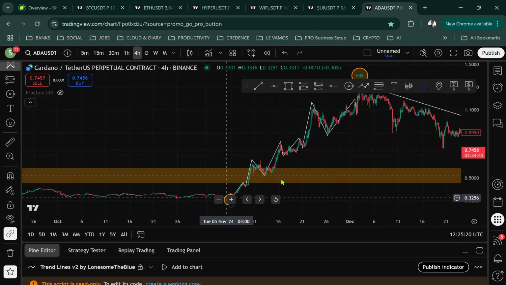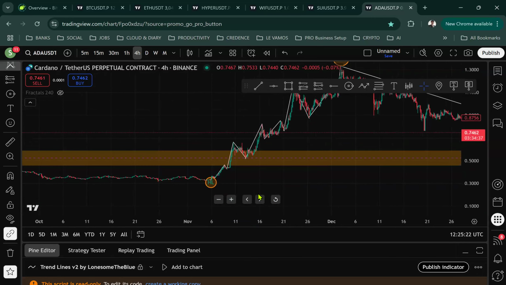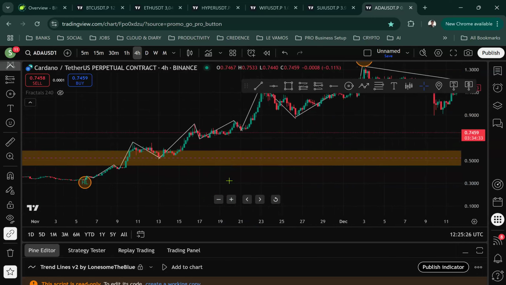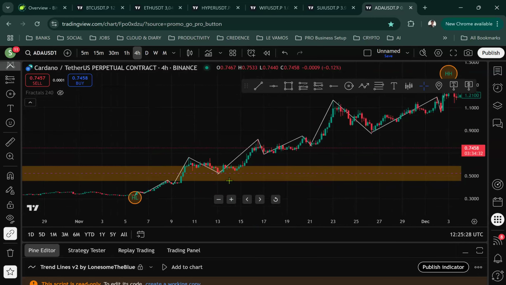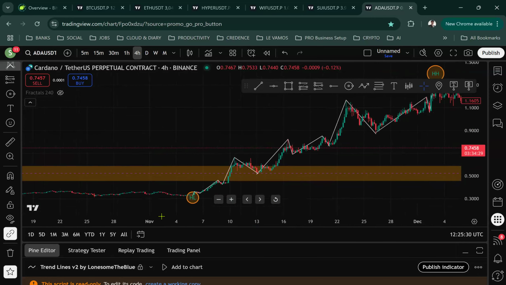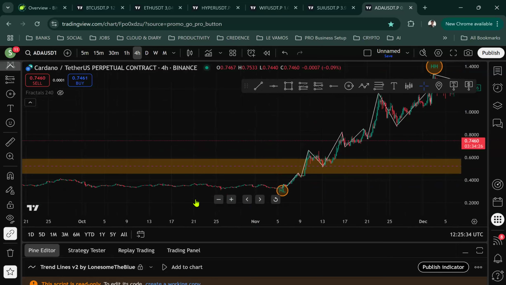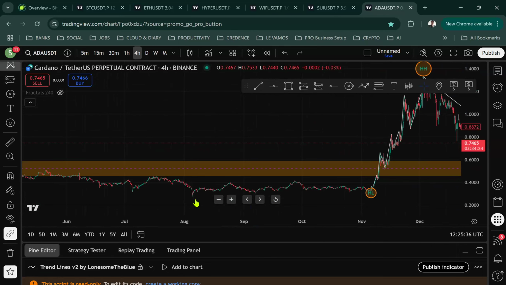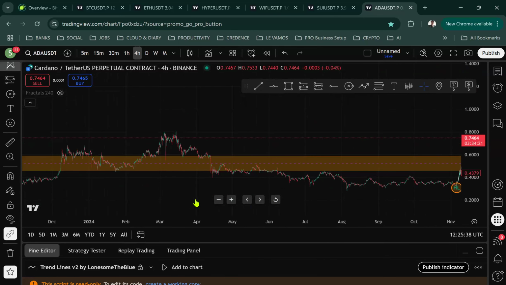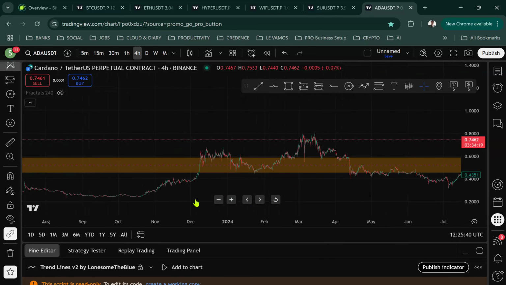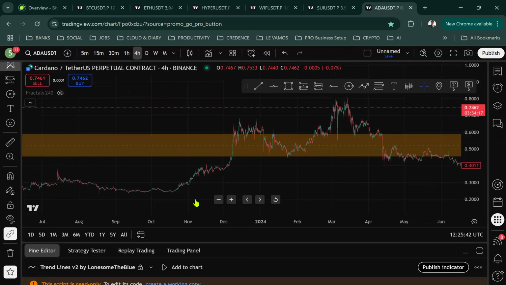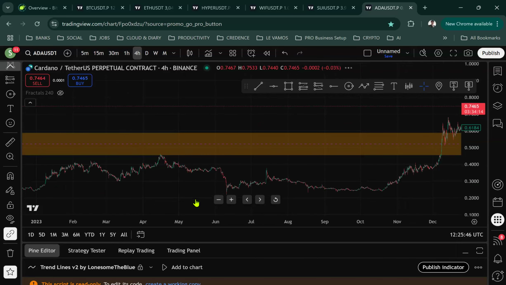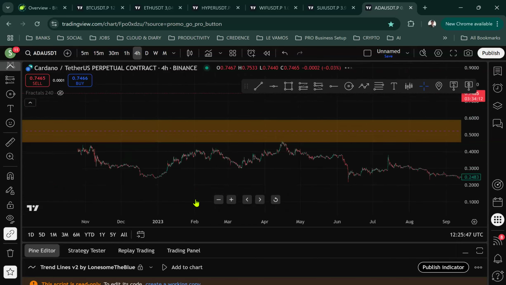If this is the higher low, where is the BOS coming? Let's go to the left and see where the break of structure happened. Scroll to the left. Yeah, go more.